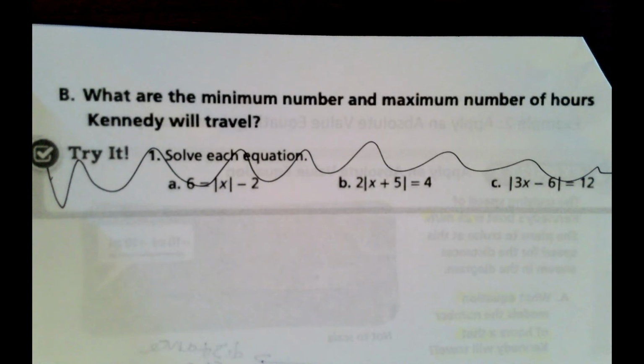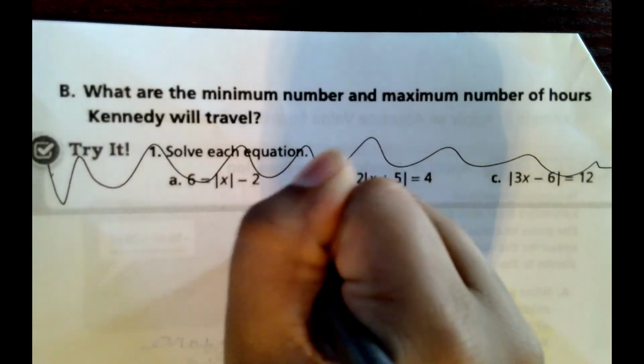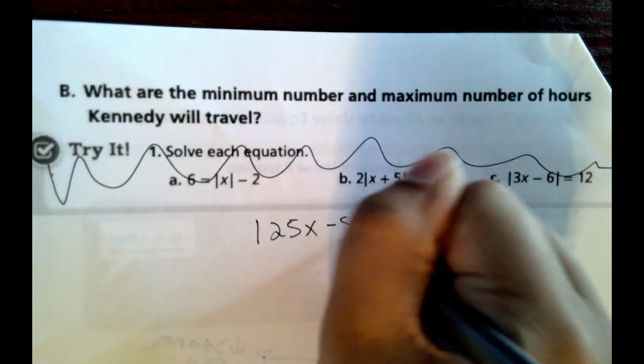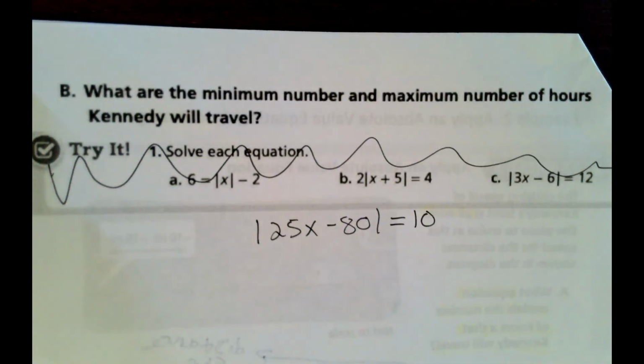So what are the minimum number and maximum number of hours Kennedy's going to travel is our question. Well, we know our formula: the absolute value of 25x minus 80 equals 10. So we just have to figure out if she's plus 10 miles away or minus 10 miles away from our 80 mile marker.